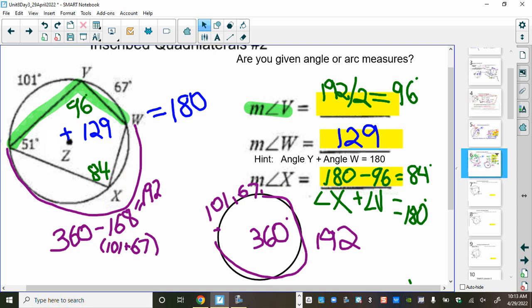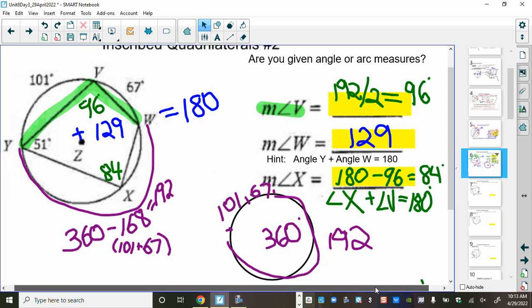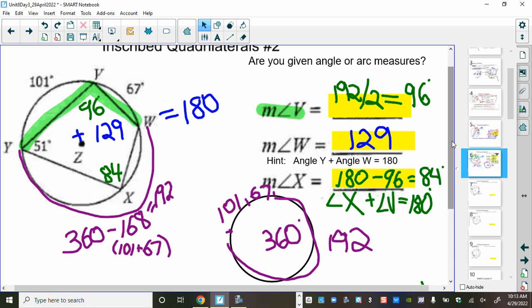If you're stuck somewhere, not sure, you gotta say something. Okay. And again, these rules, arc to angle, angle to arc, going to be in play. All right. Anybody have any questions on this problem here?